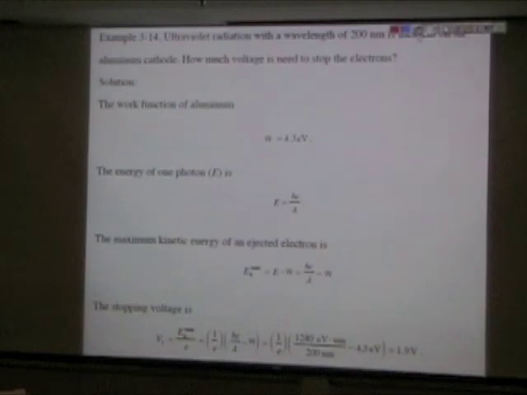The work function is given, and you know the wavelength, 200 nanometers, hard to see, but 200 nanometers. So if you want to calculate the stopping potential, the first step is calculating the maximum kinetic energy of the electrons. That's what you do.